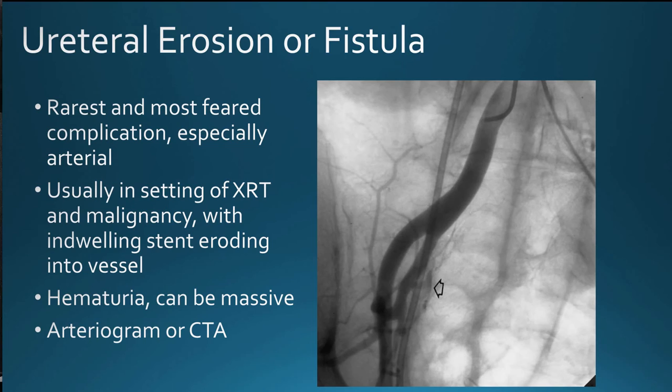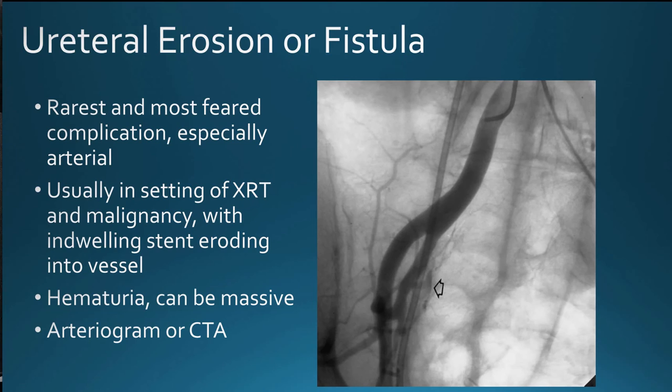One of the worst or most feared complications of stents is that they erode through the ureteral wall and into the adjacent structures, and at the level of the iliac crest or iliac crossing, that adjacent structure can be the iliac vessels, and thus you can have the resulting iliac-ureteral fistula.